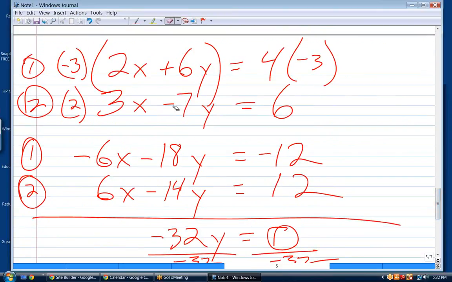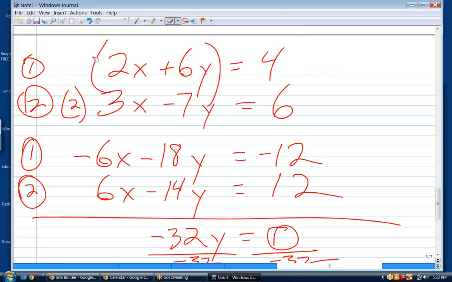And now notice that I always want to go back to one of the original equations just because they're simpler. In other words, these equations have bigger numbers in them now. So I could solve for x by substituting 0 for y here, but it's easier to solve for x by substituting 0 for y here. Let's erase what we multiplied it by. Substitute 0 for y and solve this equation.